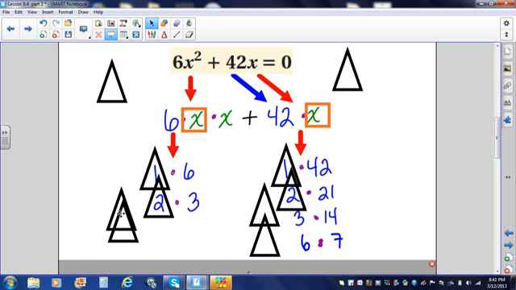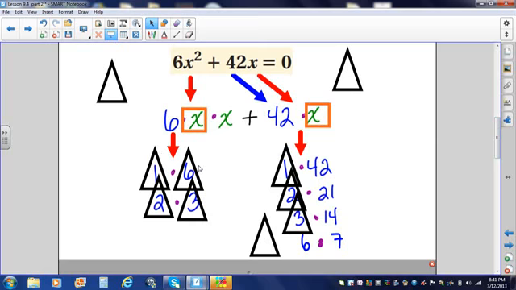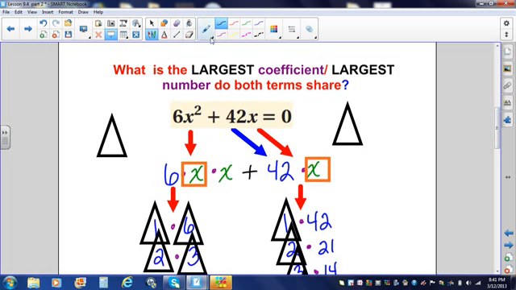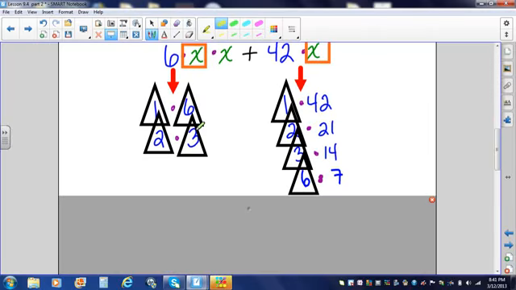They both have a 3. They both have 6. And if we go back up, we're looking for the one that is the largest. Out of all the factors they share, 6 is the largest.